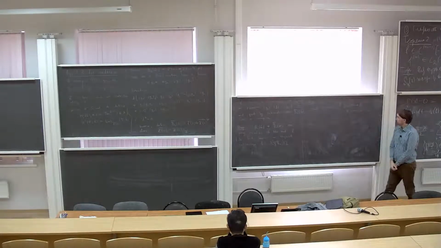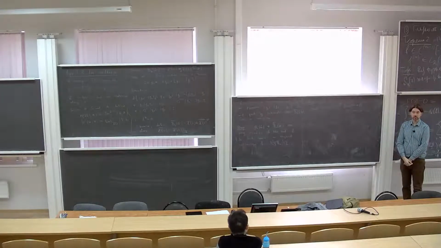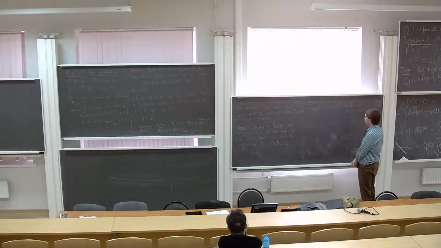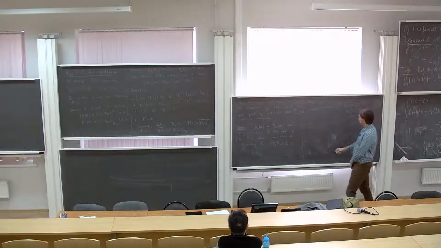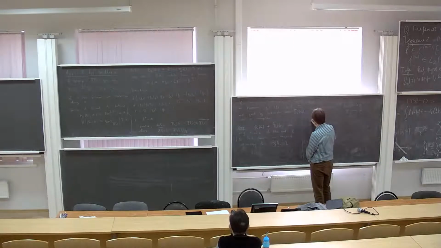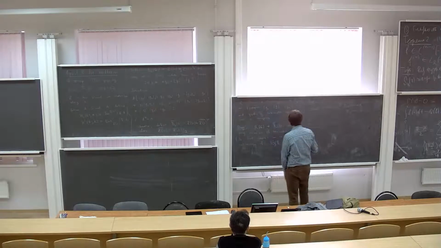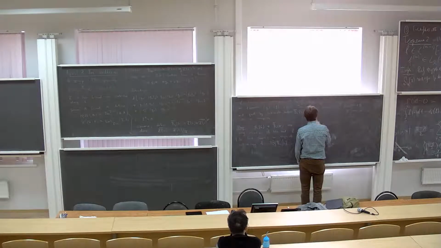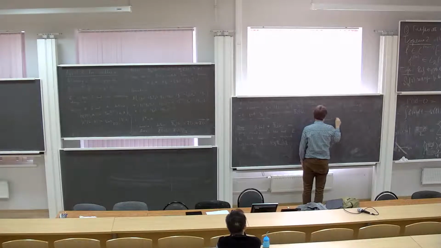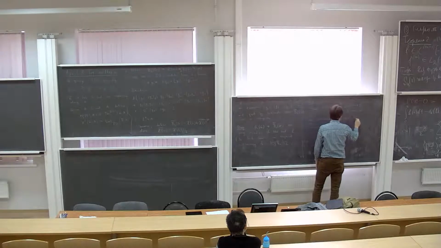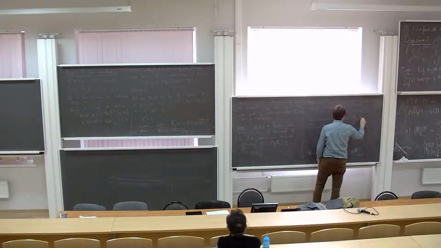So the cochains are just elements of A. Okay? And then there are no coboundaries, since the minus 1st term of this complex is 0.